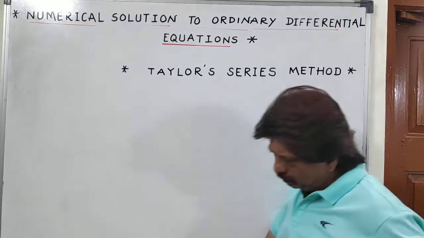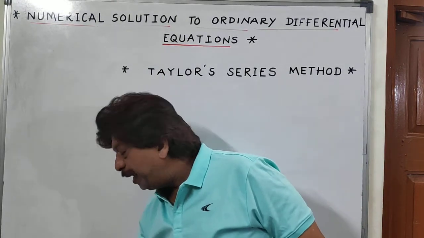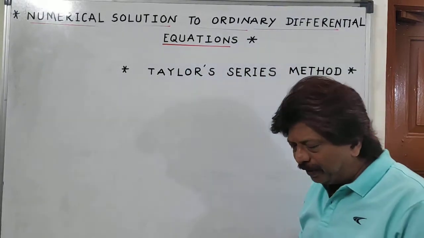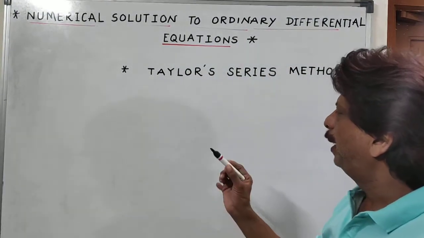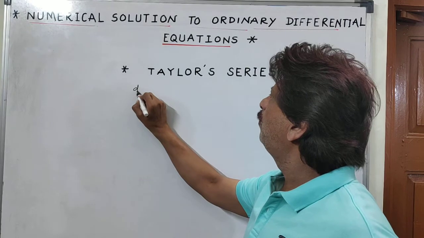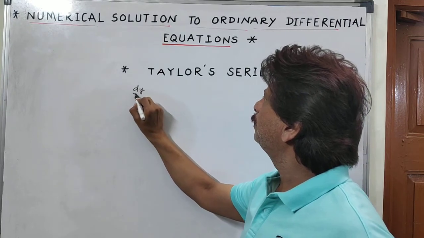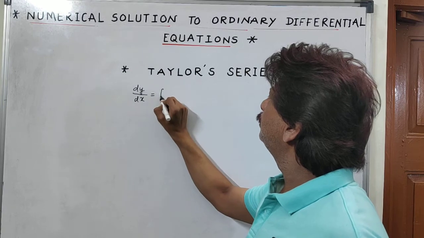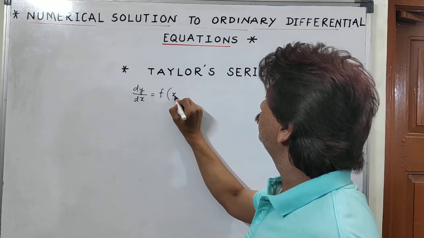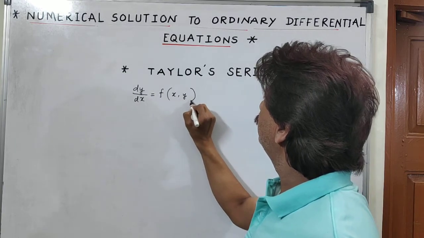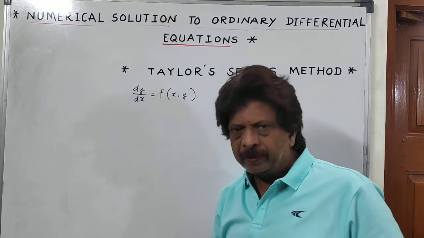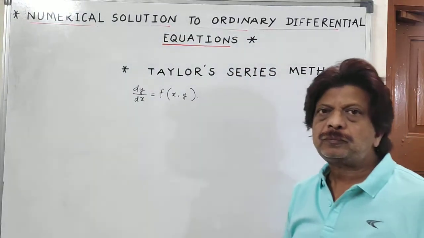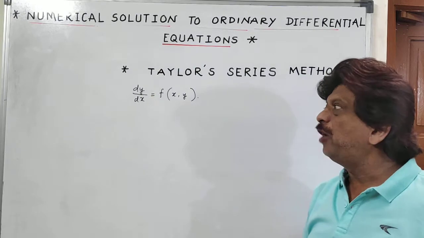In general, the ordinary differential equation is given by dy by dx is equal to f of x, y.